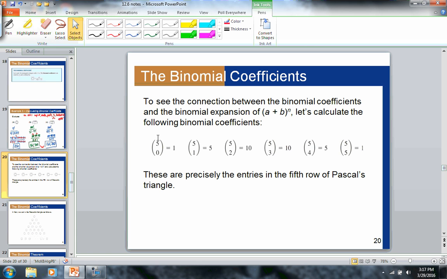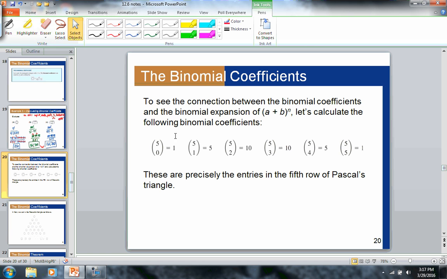So you know that you're going to have 6 terms. You're going to have n plus 1 terms, but it's in the 5th row, and you want to make sure that the bottom has a 0, and then it increases up so that it's the same number. So if we had a plus b to the 10th, we'd be in the 10th row.